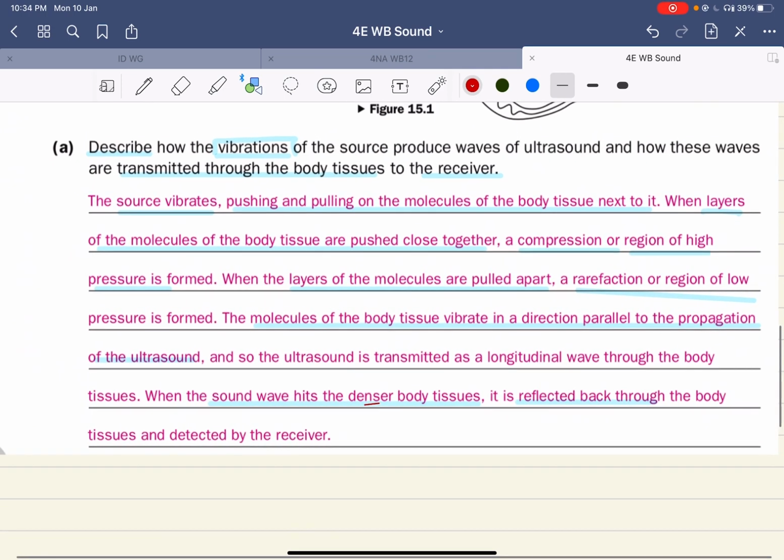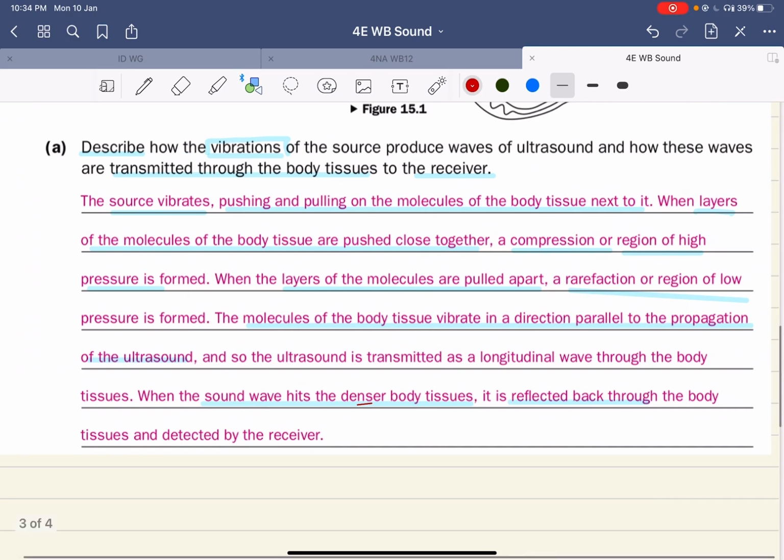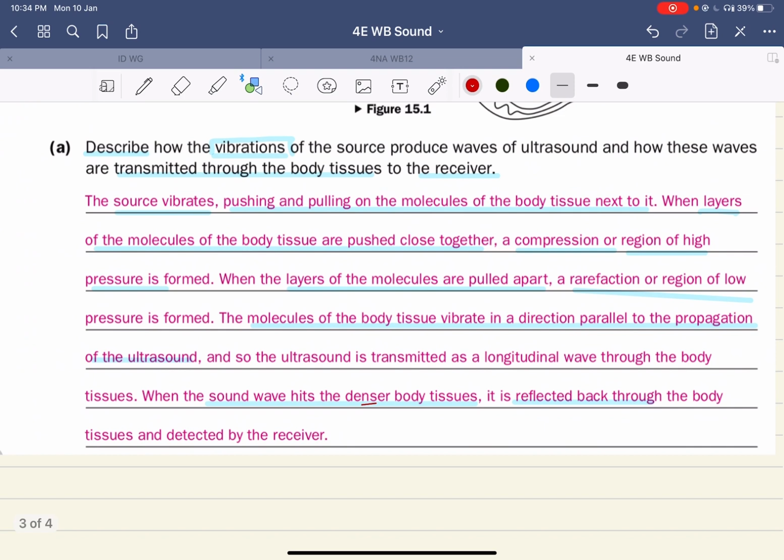From there you can make a guess that it is reflected because it hits a denser body tissue. Because there is a big difference in the density, the sound wave encountering this difference in density will have some of it reflected back. Again, you can pause the video here and copy the answer over.